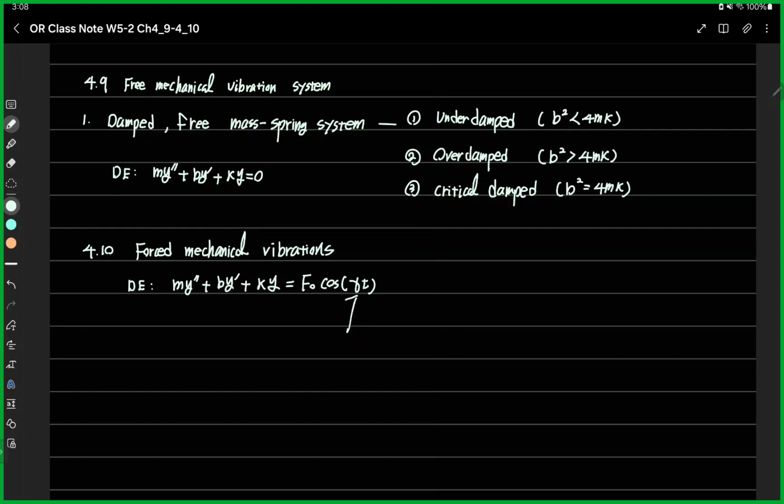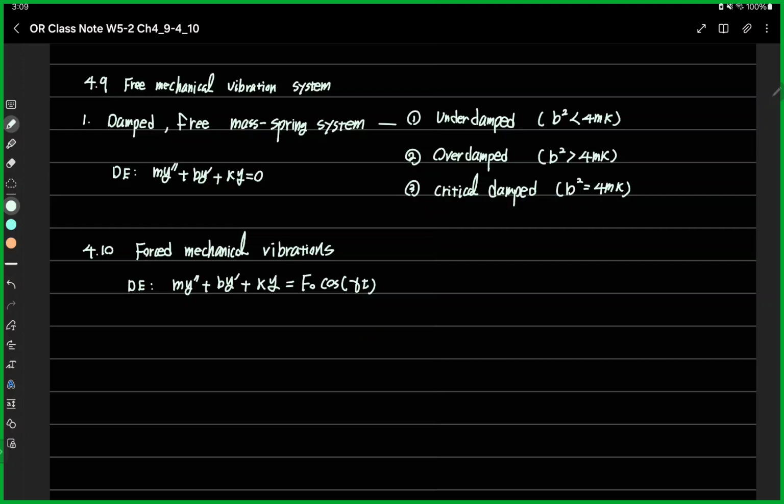In engineering, gamma is the frequency of the external force. If this matches the frequency of the object, then resonance will happen. So we'll mathematically investigate that situation.